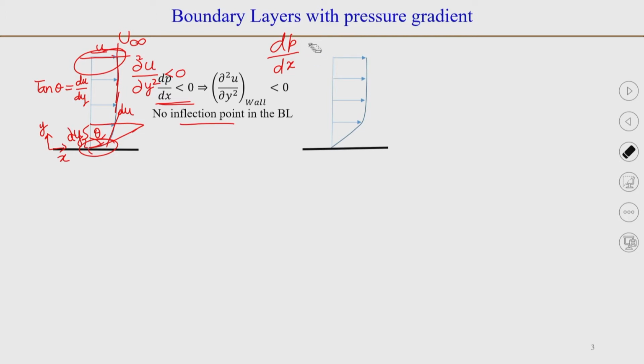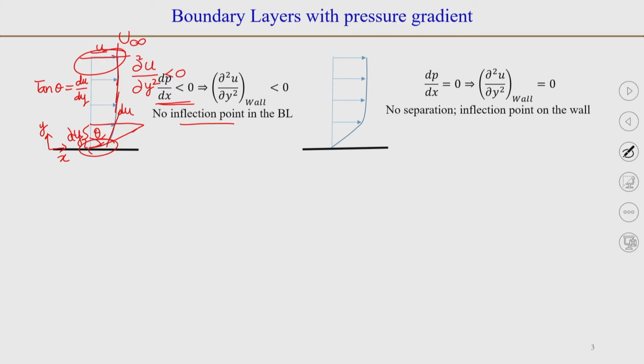Now, when dp/dx is equal to 0, then again d²u/dy² will be 0 at the wall. That means du/dy is constant, so the profile will be linear there, or we can say dτ_w/dy is equal to 0.